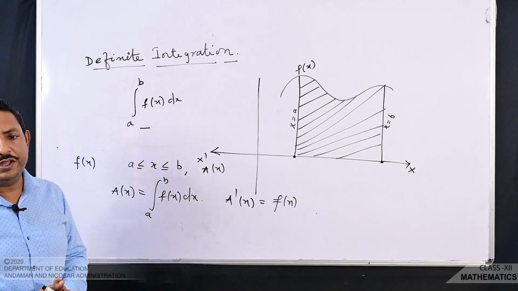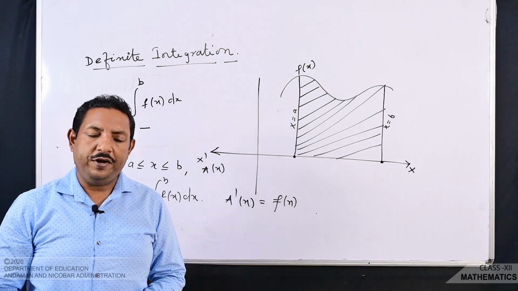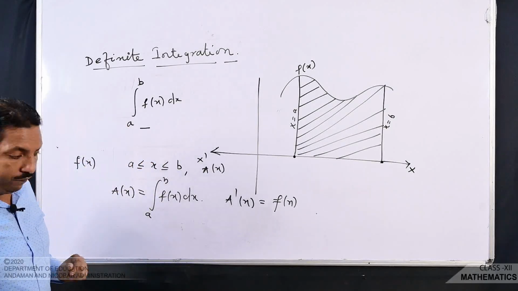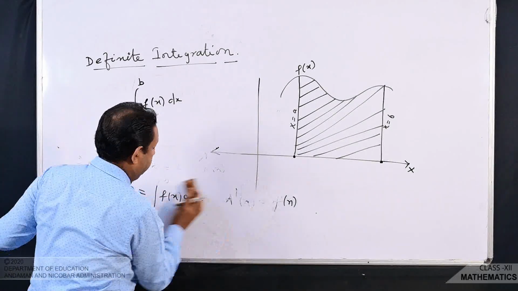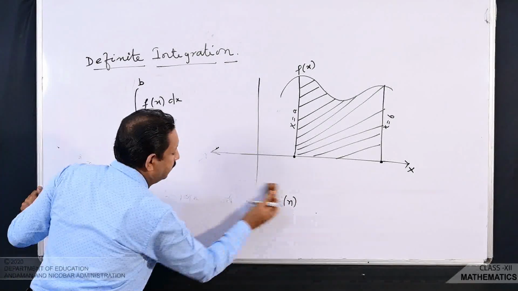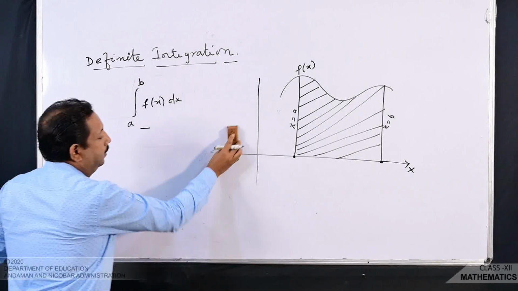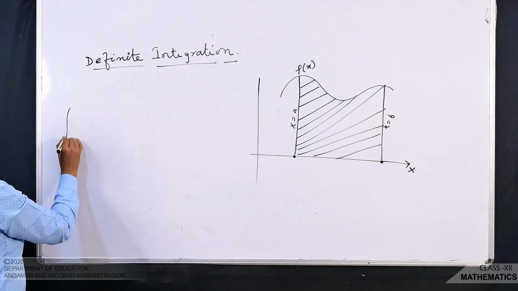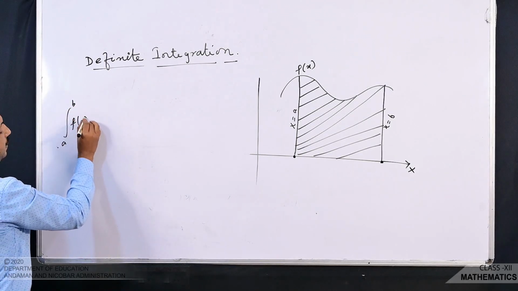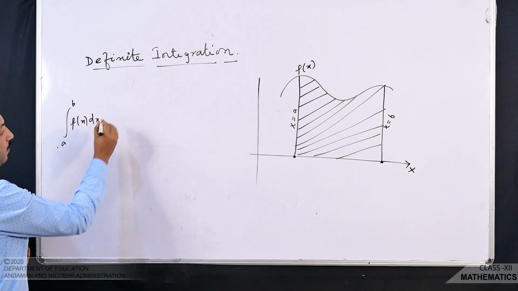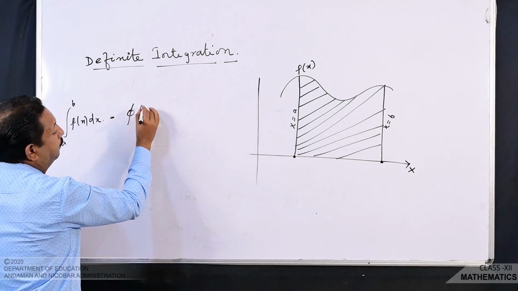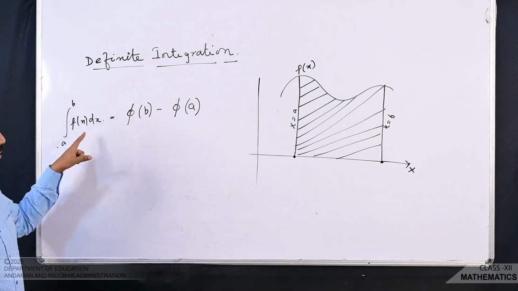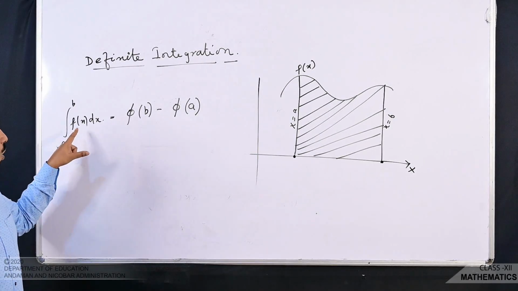Now, we talk about the second fundamental theorem of integral calculus. The second fundamental theorem says that the integration from a to b of f of x dx will be given by phi of b minus phi of a. What is phi? Phi is nothing but the antiderivative of f of x.